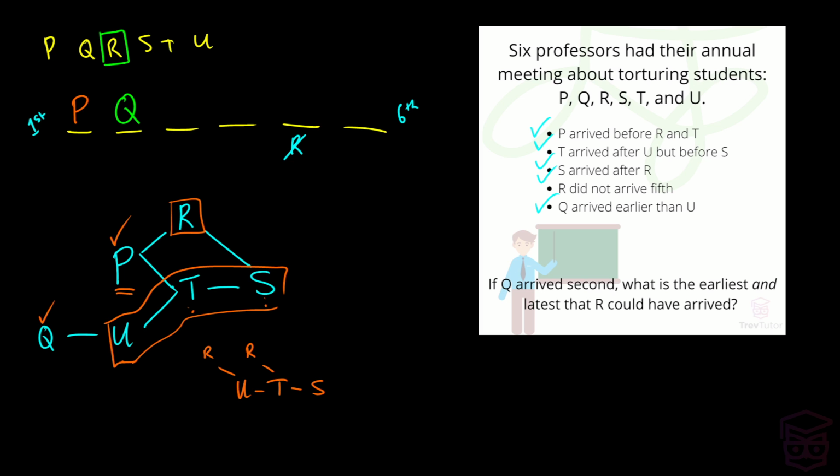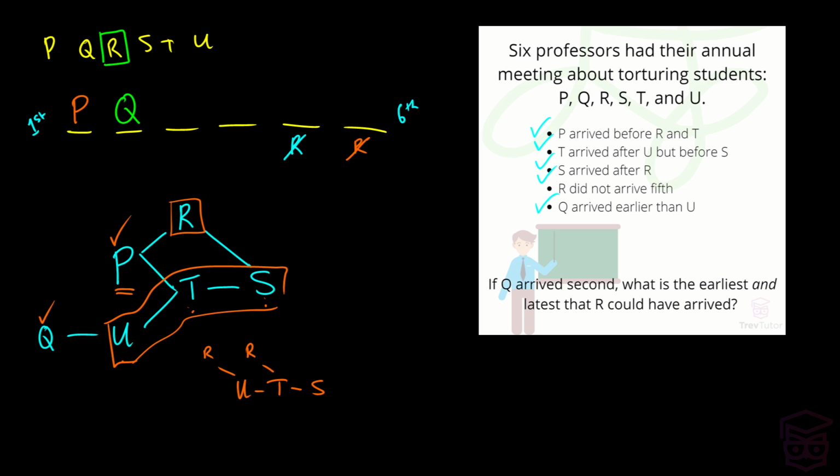So let's think about this. Can R ever come sixth? Can R ever be in this position, in sixth place? The answer is no, because it has to come before S, which means if R was in last place, S would be outside of our 1 to 6 people. We know that R cannot come fifth, because it's in the rules.